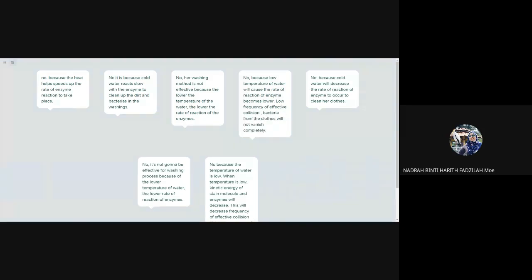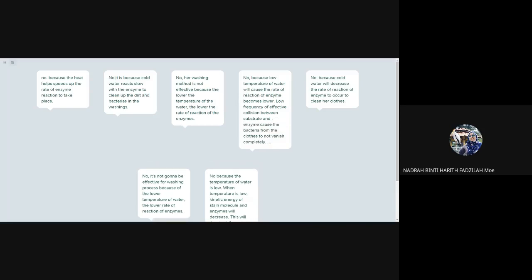Macam idea Batrisha cakap pasal effective collision, itu semua kita boleh tambah lagi kalau soalan yang sama dipanjangkan kepada 3 atau 4 markah. So kita boleh argue low temperature, low kinetic energy, low effective collision, therefore low formation of enzyme substrate complex, low rate of enzyme reaction. Okay, bagus.